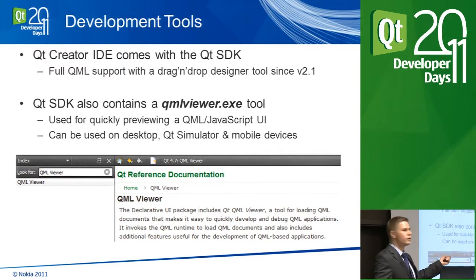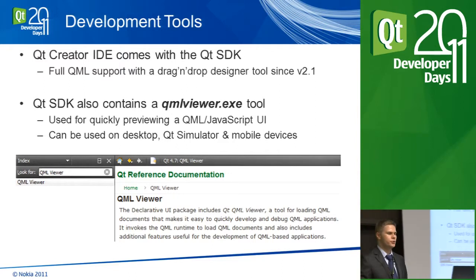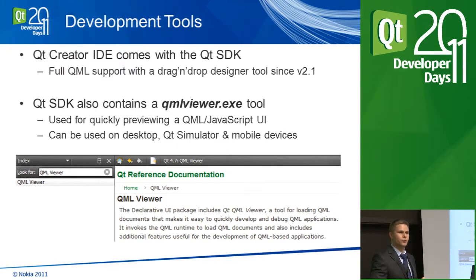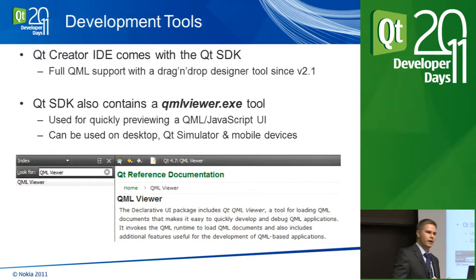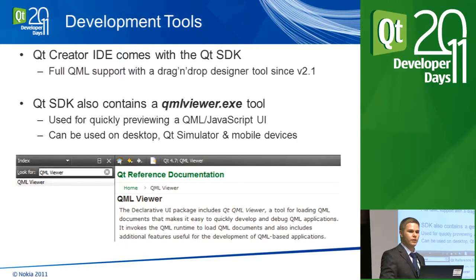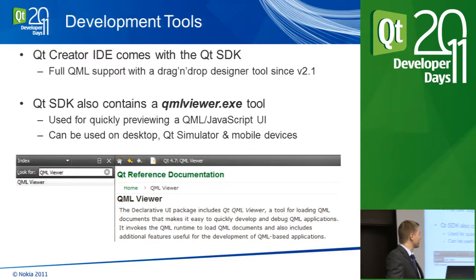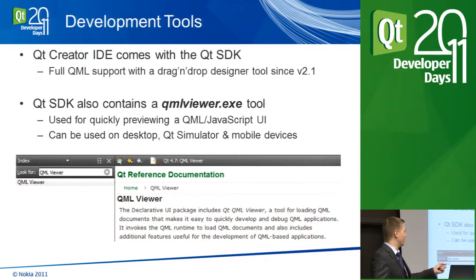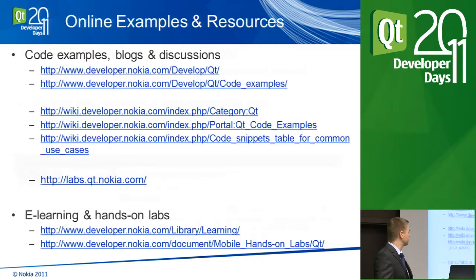There's also another tool, QML Viewer, that enables you to try out your QML UIs or parts of your QML UIs without an actual C++ application. So that's something that you can use for testing quite easily. You don't need to compile your application. Just load your UI in QML Viewer and try it out. It's also available for mobile devices.